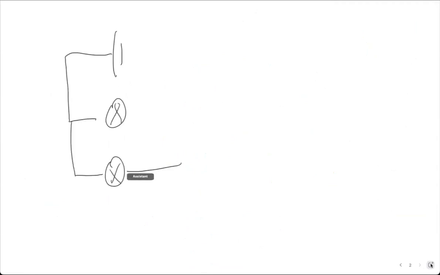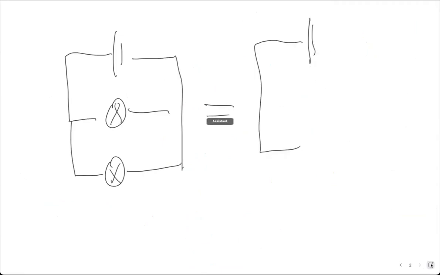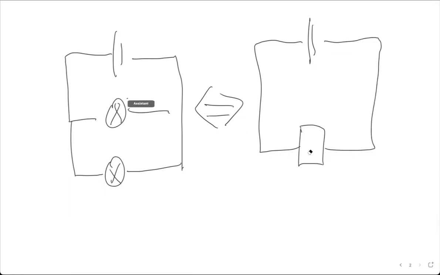So basically, if I were to draw like this, these two are the same. If this is 0.75 ohm and this is 0.38 ohm, when you combine them together, it will become 0.25 ohm.